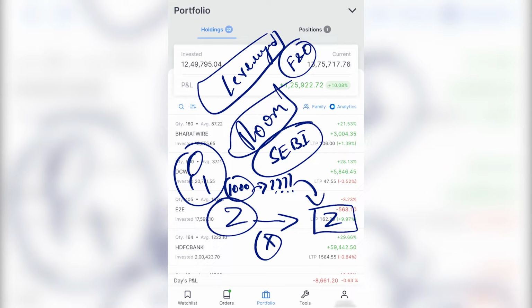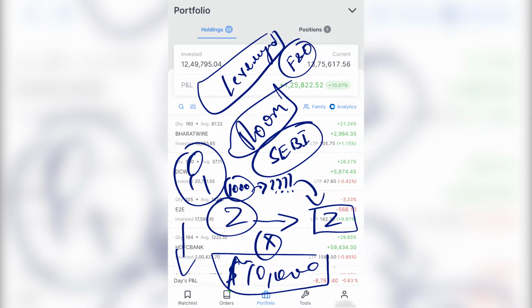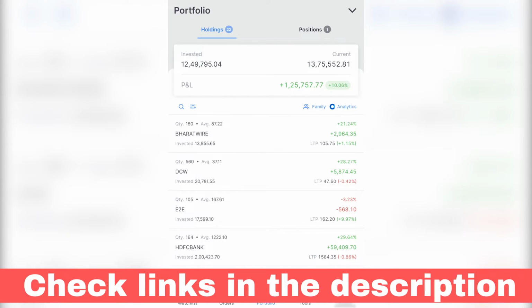If you have seen my currency trading video, I had explained that if I have a payment of $10,000 coming in next month, I can just pay 20,000 rupees and lock my price for these $10,000 today. Similarly, there is a good amount of leverage which you can get in intraday also.